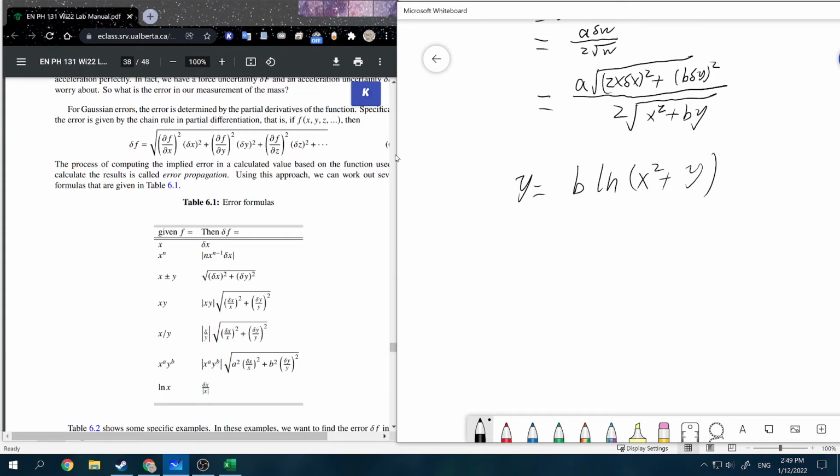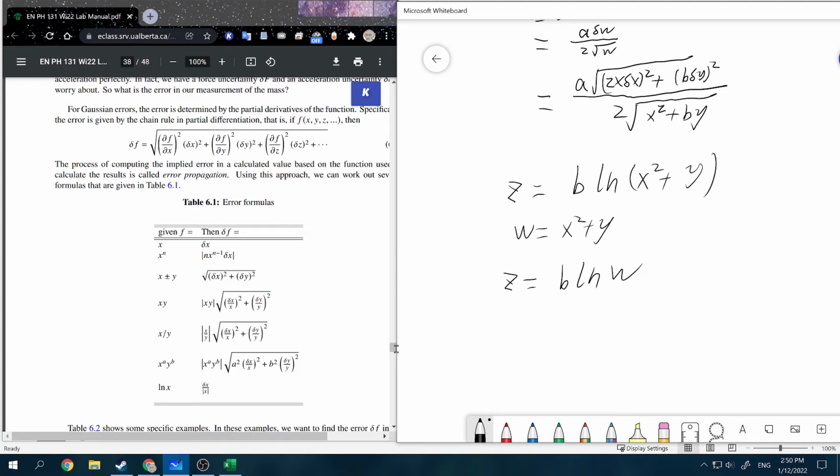So we're going to actually call this thing z. We're going to use a substitution, which we say that w equals to x squared plus y, and then for the z equals to b log w. Simple as that.